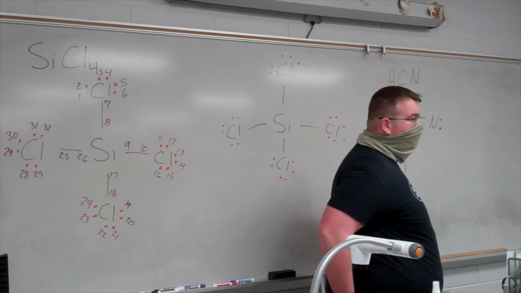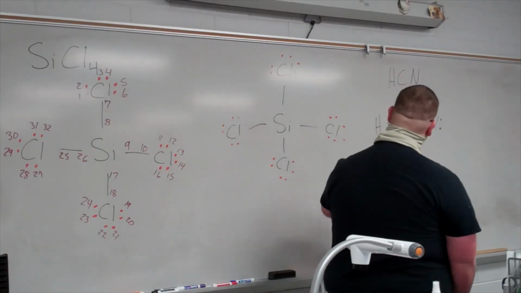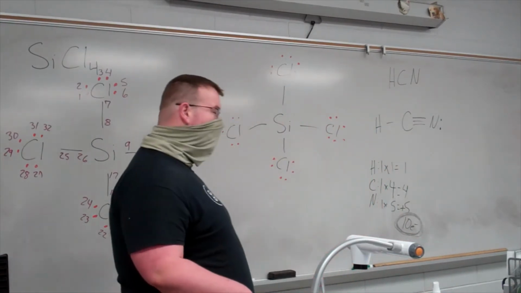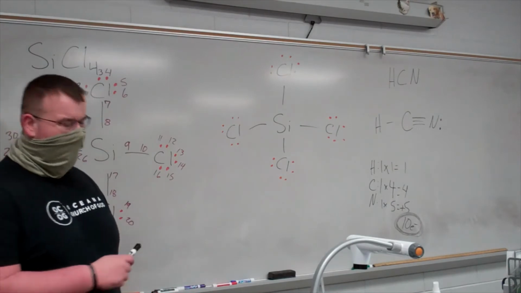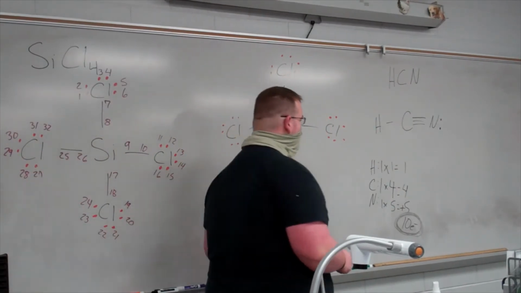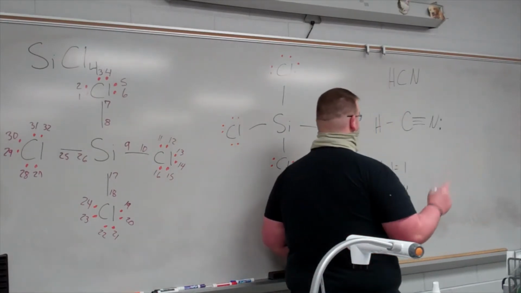Last step, what do we do? Show charge and resonance structure. All right, let's look at the hydrogen and figure out its charge. How many valence electrons does hydrogen normally have? 1. How many are being shown for hydrogen right now? 1.